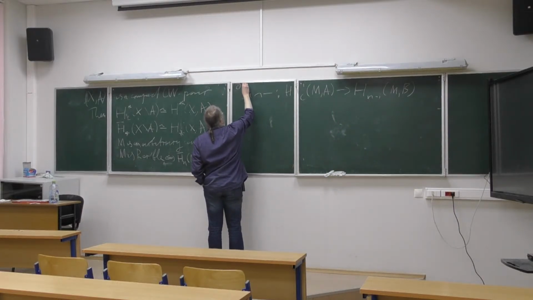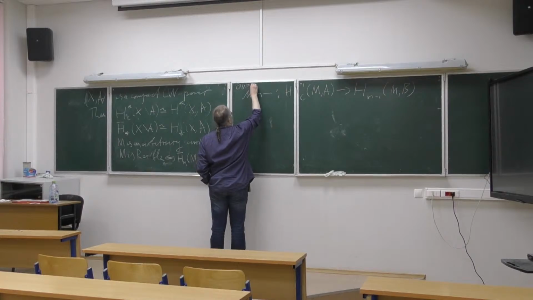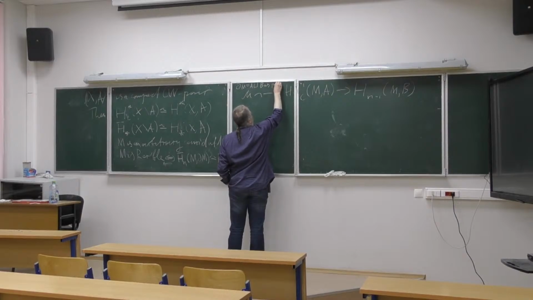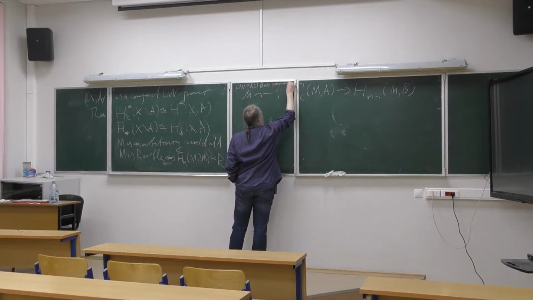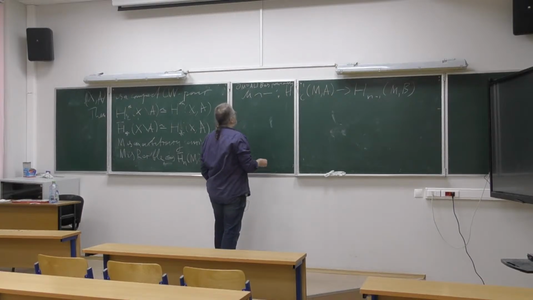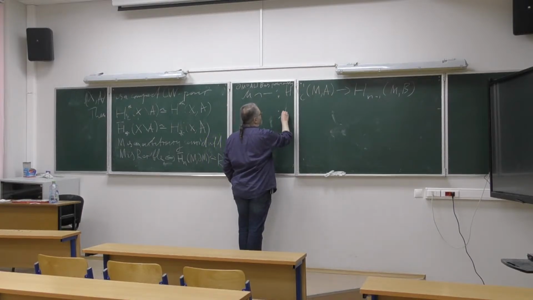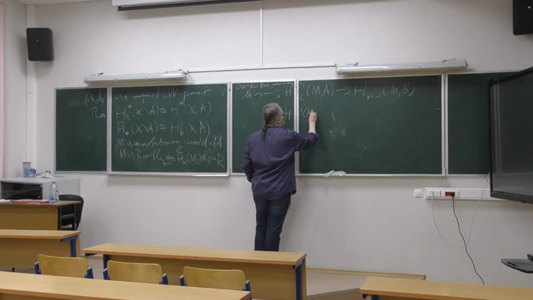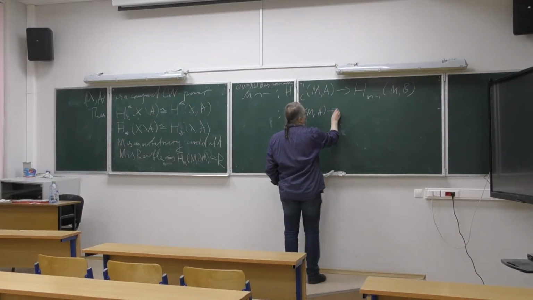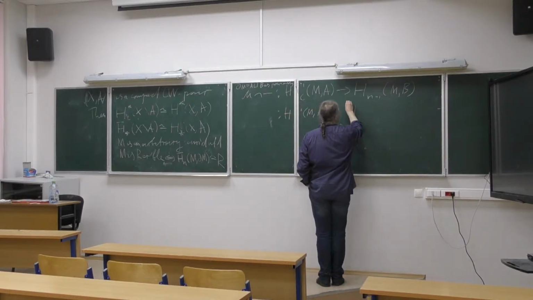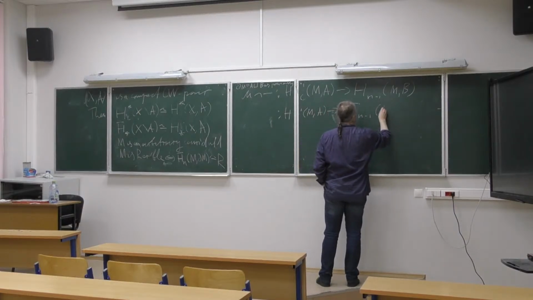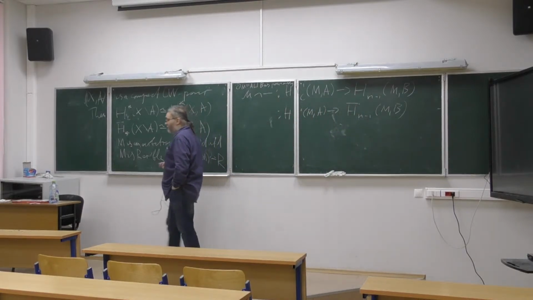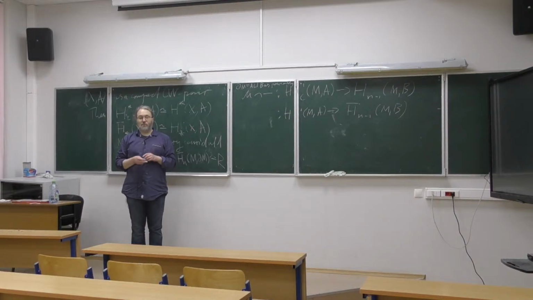Again, let's say that delta M is A disjoint union B, same as previously. And we have the Poincare isomorphisms.